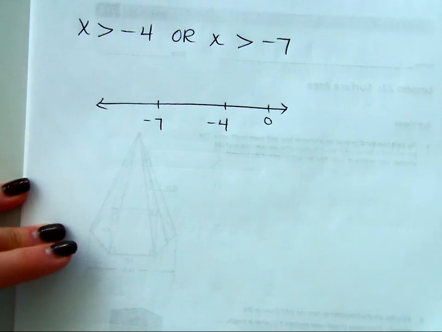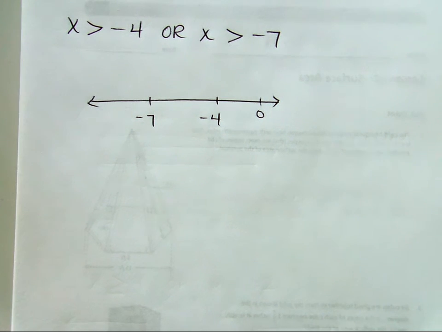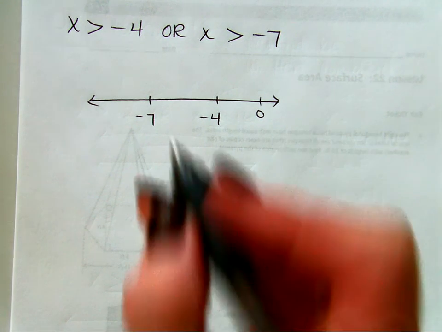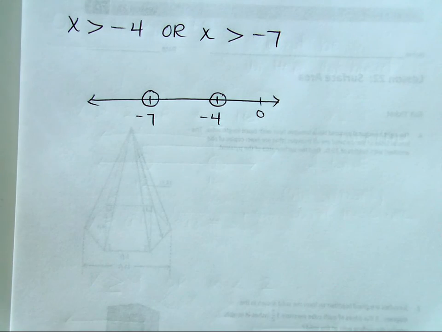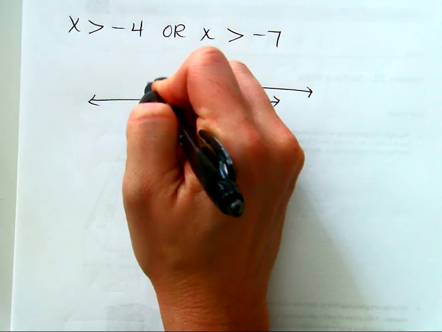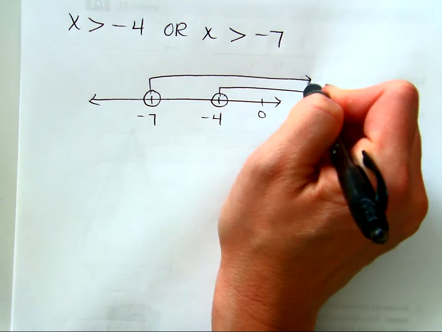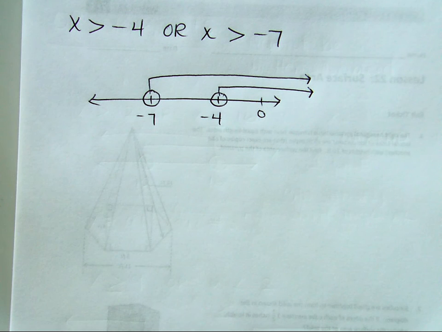I'm telling you, this is one of the biggest mistakes that will mess people's answers up, because they'll actually plot those wrong. So, circle them. Don't color either one of them in. Here are all the numbers greater than -4. Here are all the numbers greater than -7. Remember, it's an or, so I'm not looking for overlap. I'm just looking where is there at least one of these that fit.